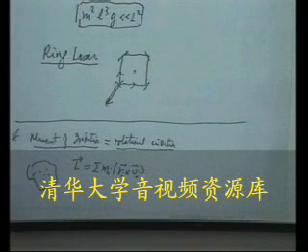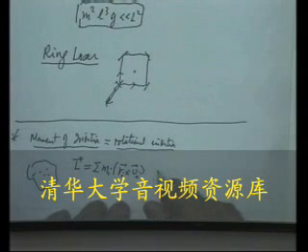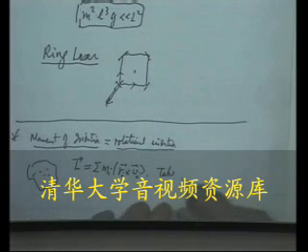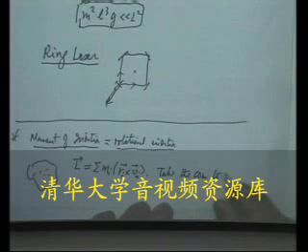Now let us take the center of mass. This formula is true no matter where you take the origin. Now we take the center of mass to be the origin.